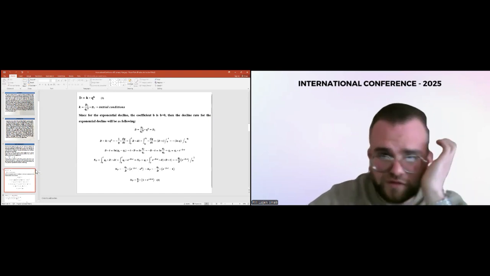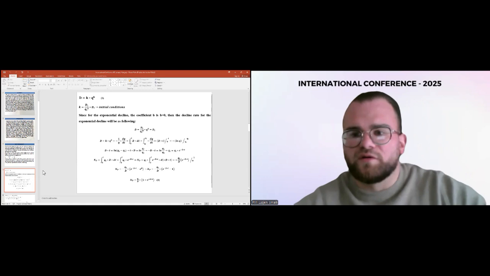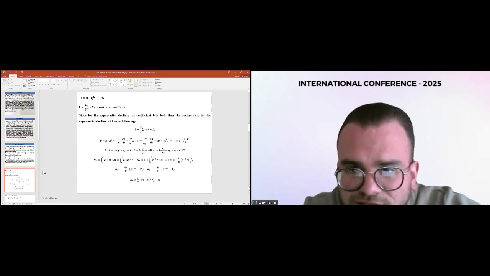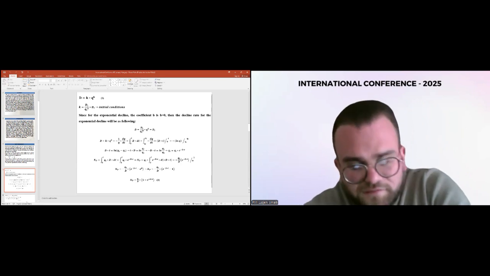Based on this formula, d equals q exponential b, and with a different calculation, we can take into consideration coefficient b equals 0. In this case, we have exponential decline.